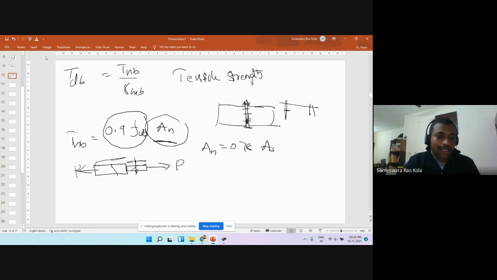Now, as we said, the bolt value will be the minimum of these three quantities. What are these three quantities?